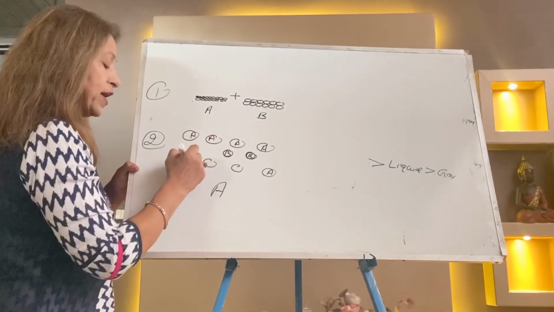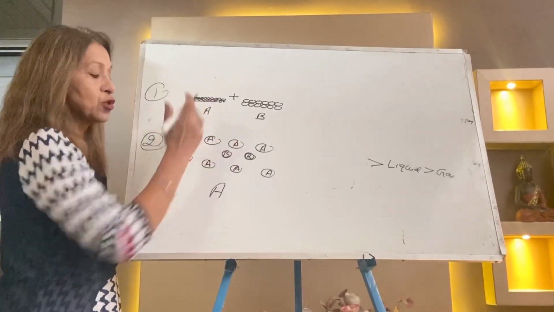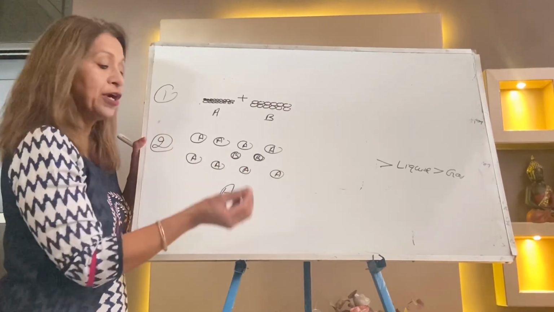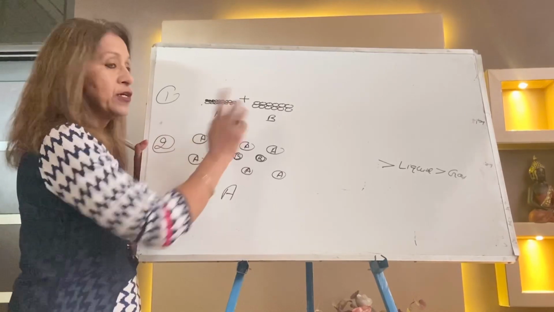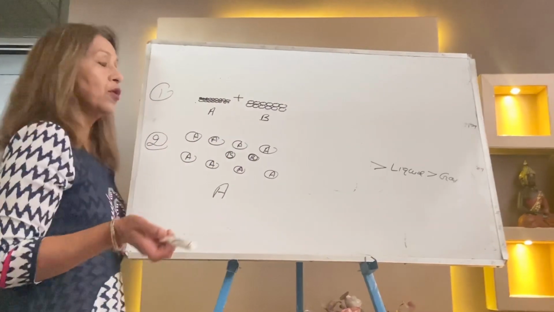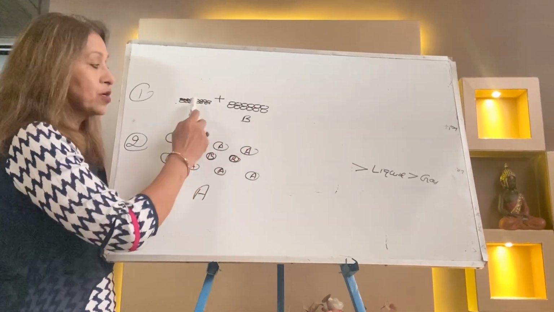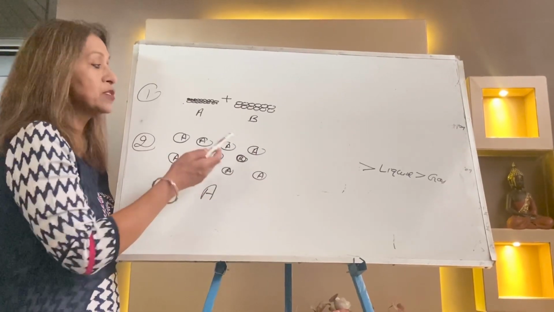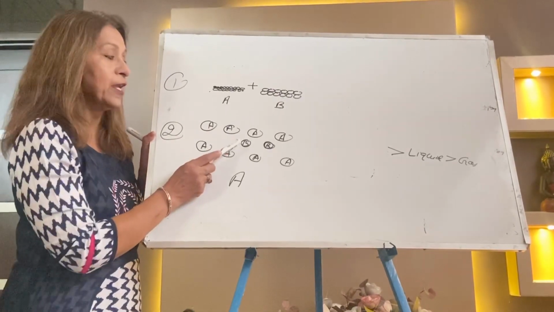Because in the liquid phase, the A particles are somewhat loosely packed compared to a solid. So it is very easy to diffuse solid in liquid, but very difficult to diffuse solid in solid. I think you came to know why it is difficult to mix solids: the particles are very close. How can you mix them? There is no space to enter.